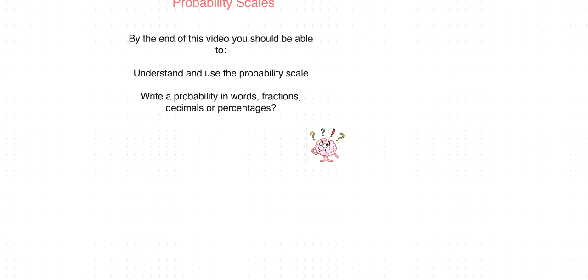Now, probability scales, from determining the risk of a medical procedure to evaluating the odds of winning a game, play a crucial role in our daily lives.